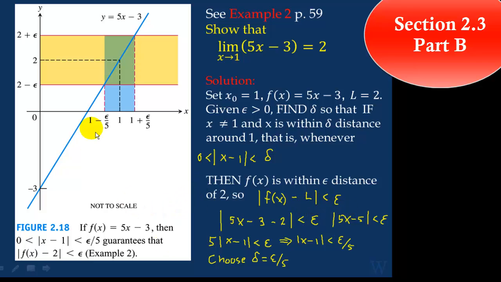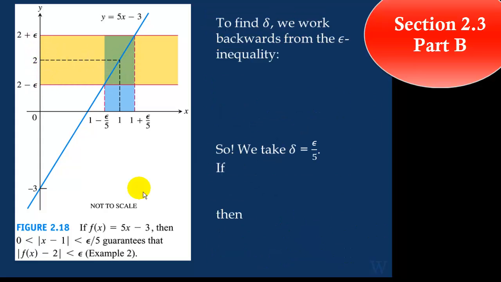And right here, notice that if the delta is epsilon over 5 away from 1, then it is bounded by this open interval: 1 minus epsilon over 5, and to the right side of 1 is 1 plus epsilon over 5. That means this width has a length of delta. For this particular horizontal strip, we can find a vertical strip for which all the y values differ from 2 within epsilon distance. So let's see how we did that.